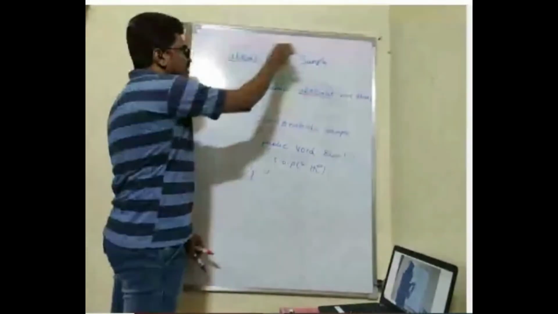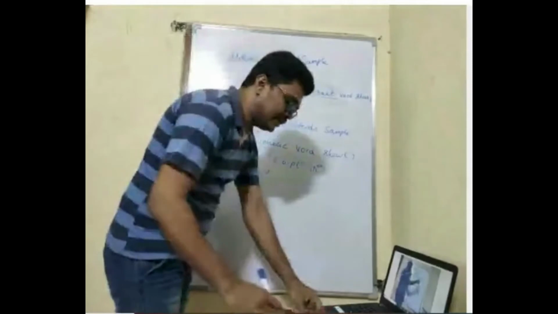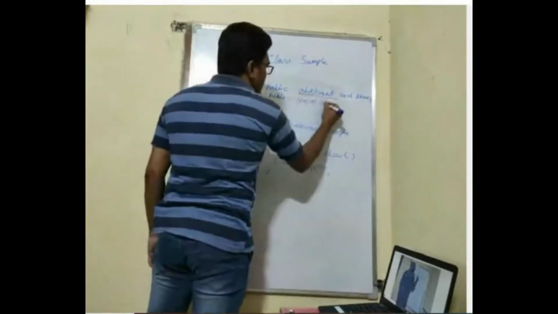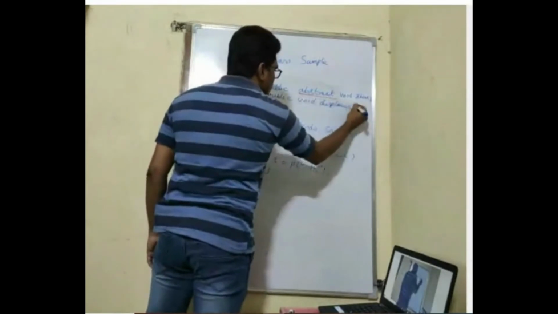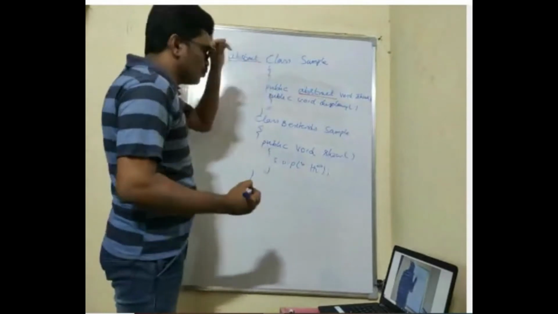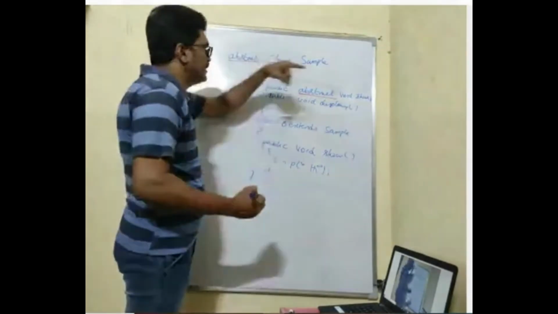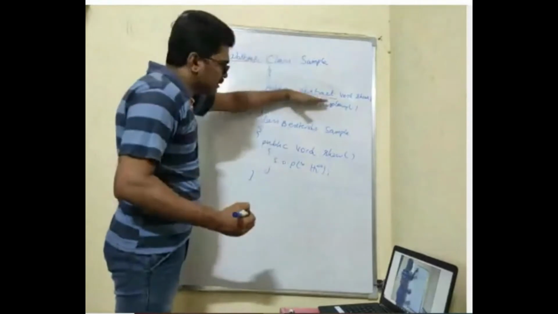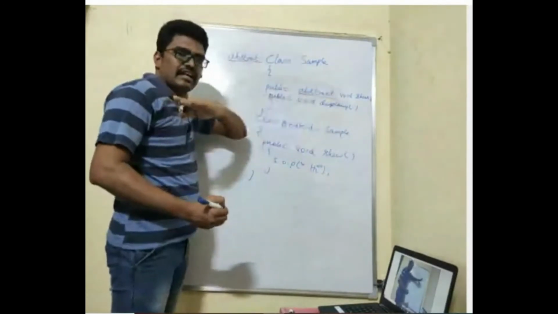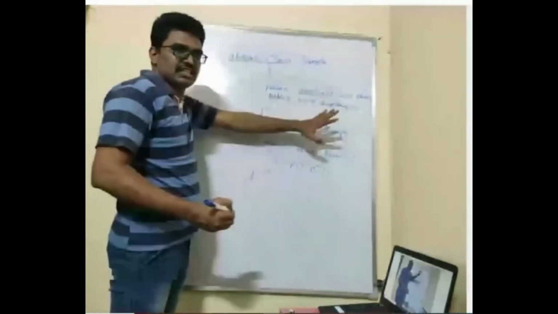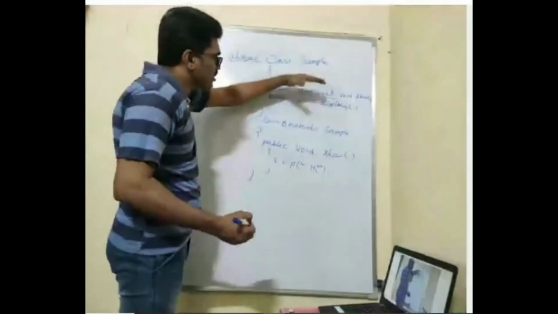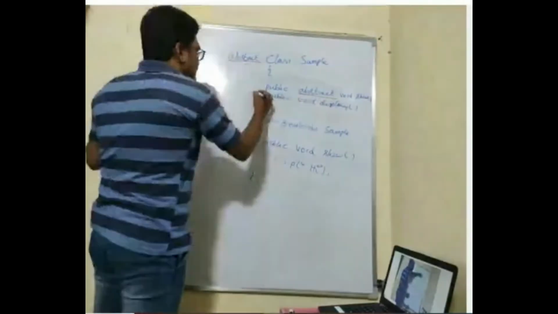One more important point here is, other than the abstract methods, you can have normal methods, for example void display. Normal methods can be there. If there is at least one abstract method, it should be an abstract class. That's it. Other methods can be there, which is different from an interface. An interface cannot contain any method definitions, but an abstract class can contain abstract methods and non-abstract methods.